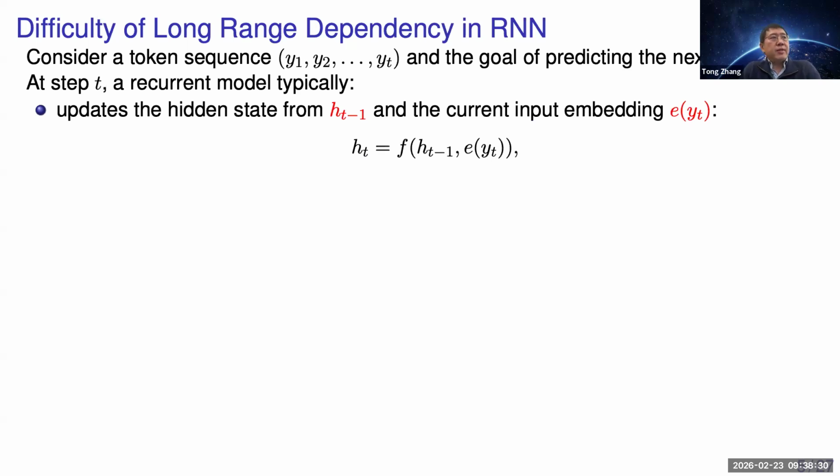The hidden state can be considered a compression of all the history from y_1 to y_t. Once you have that, you predict y_{t+1} using all the history you have seen so far, as a compressed history. It's not the real history, it's just compressed.